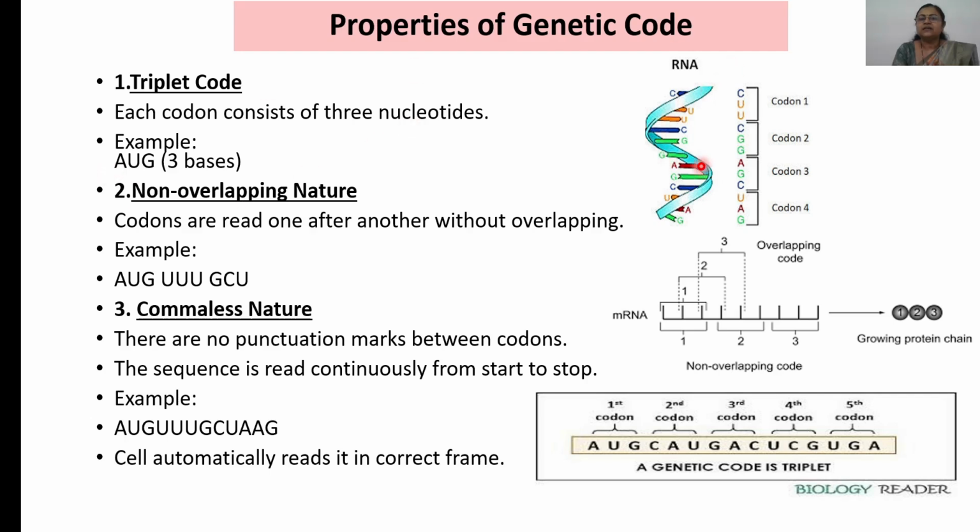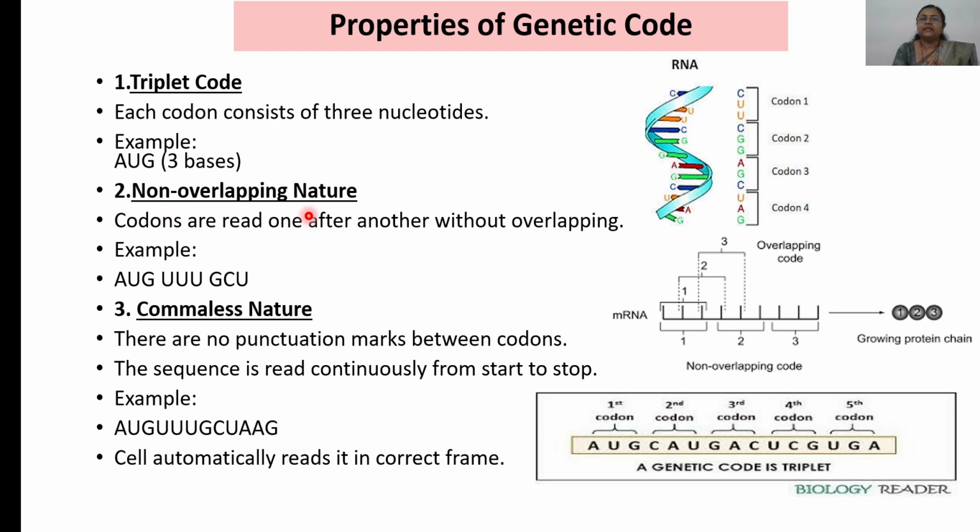You can see here, this is the RNA and the sequence of bases CUC, they form one codon. Then next CGG forms the second codon. Then AGC forms the third codon. So in this way there are three bases in a codon, hence known as a triplet codon.